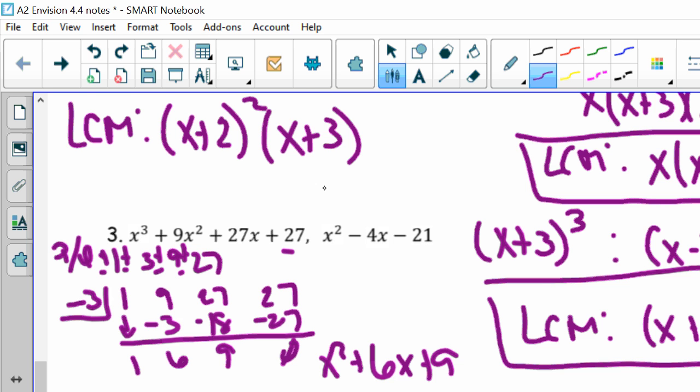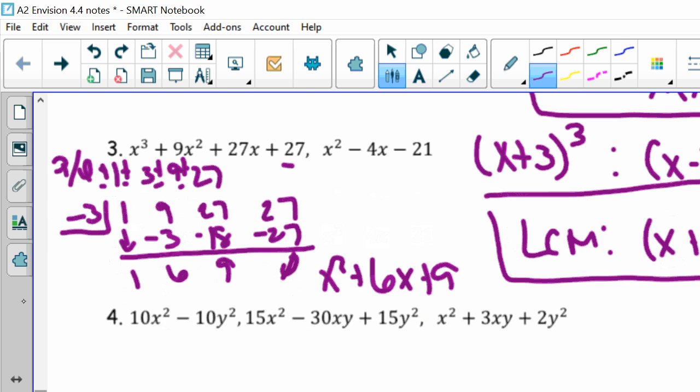All right, number 4, an x squared minus 10y squared. Well, I can pull a 10 out of that, and then I've got x squared minus y squared, difference of squares. So now I've got a 10, x plus y, x minus y. 15x squared minus 30xy plus 15y squared.